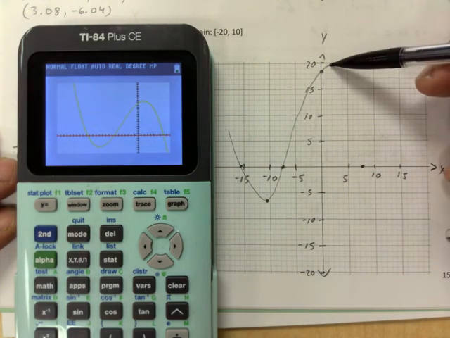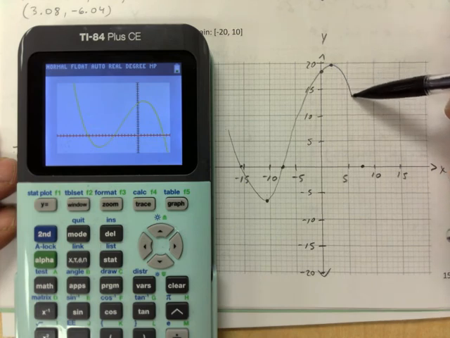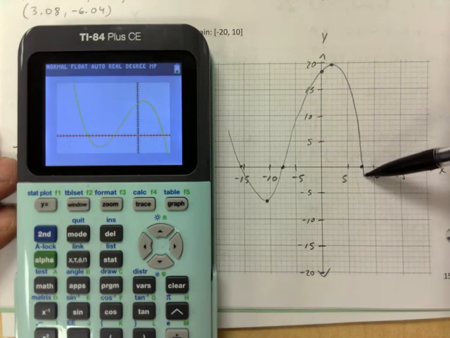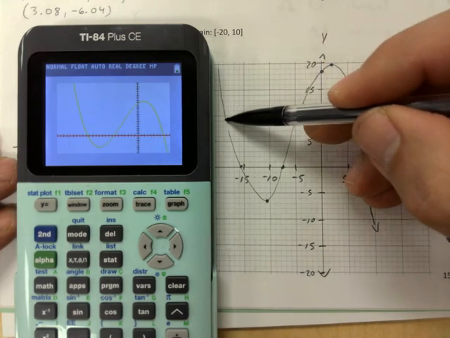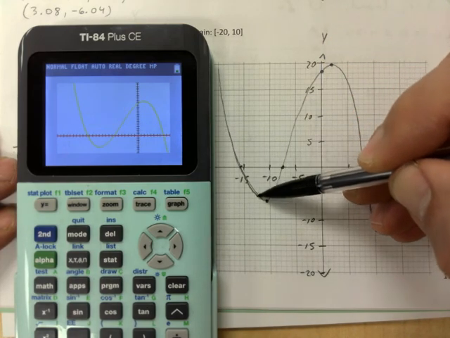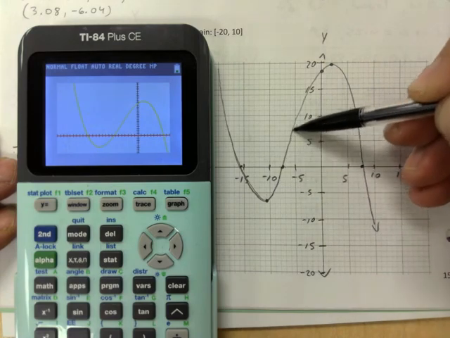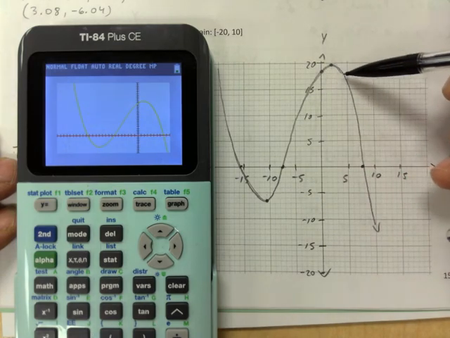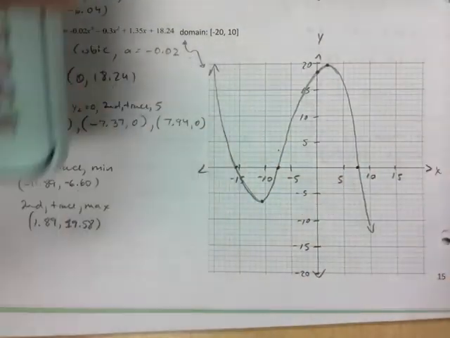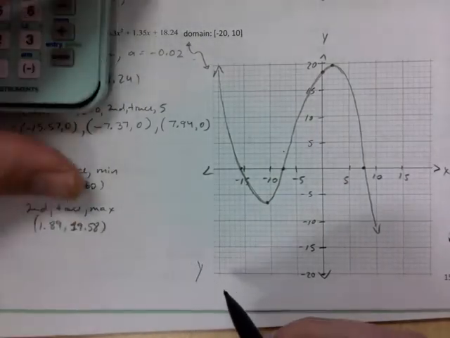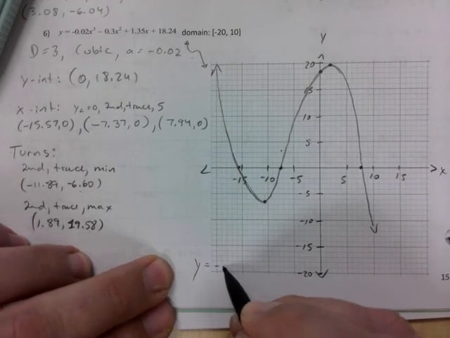You always want to create a smooth curve, a smooth transition, right? So it comes down like this, it curves again, and there you have it. So that's your graph. And make sure you don't forget your equation.